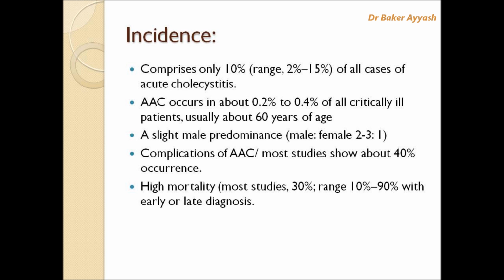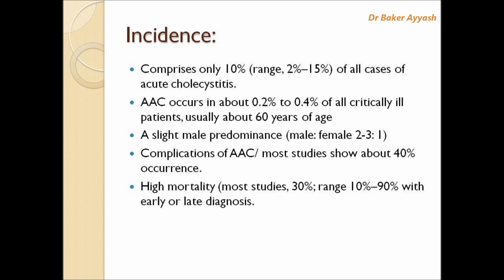This slide provides us with some information regarding the epidemiology. As you know, we have two types of acute cholecystitis: acute calculous cholecystitis and acute acalculous cholecystitis. Calculous cholecystitis is more common, and acute acalculous cholecystitis is the less common type and accounts for less than 15% of all cases of acute cholecystitis.